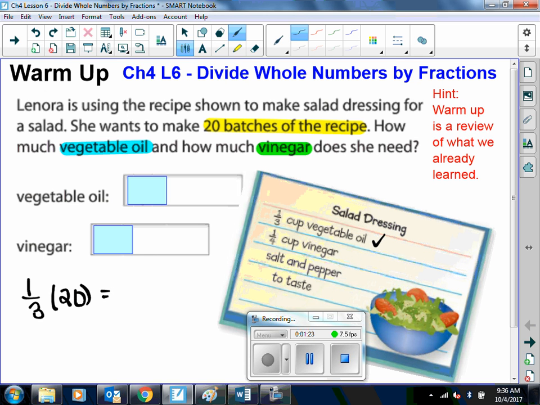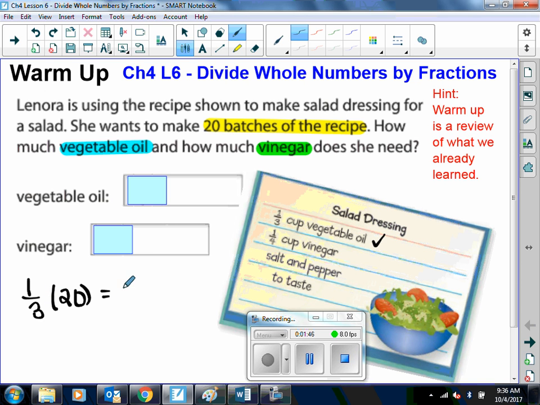And don't forget the parentheses means that we're multiplying, right? When you have 1/3 and there's nothing in between, and then you have the next thing in parentheses, that means 1/3 times 20, okay? You could also say 1/3 with the dot in the middle, or with the multiplication symbol, the X in the middle, okay?